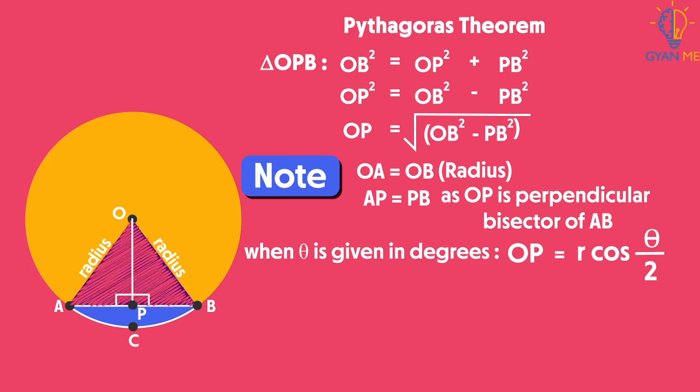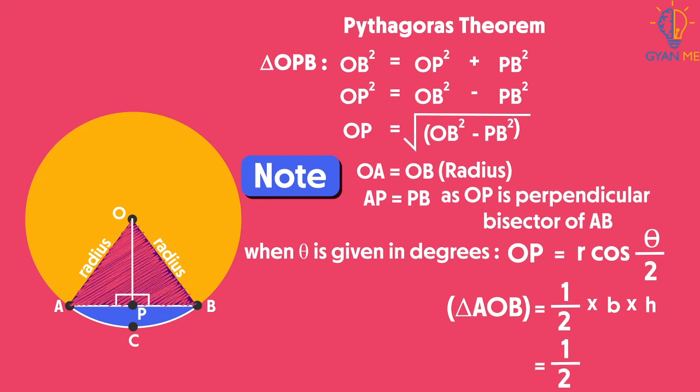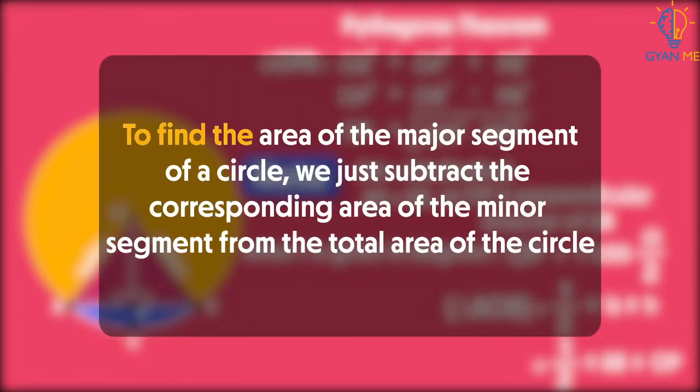Or calculate the area of triangle AOB using the formula area of triangle AOB is equal to half into base into height, which is equal to half into AB into OP. Note that to find the area of major segment of a circle, we just subtract the corresponding area of the minor segment from the total area of the circle.